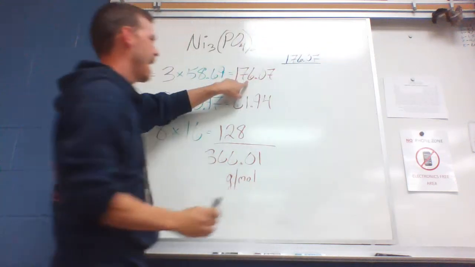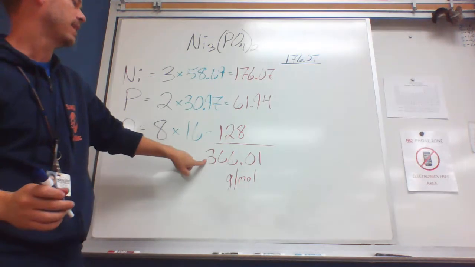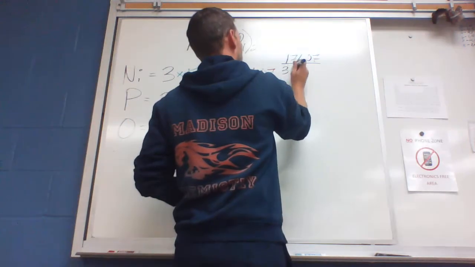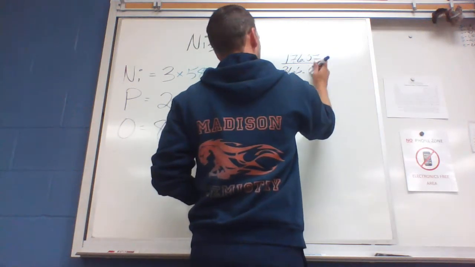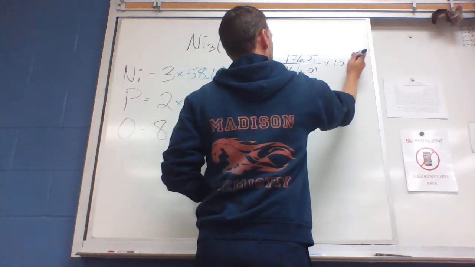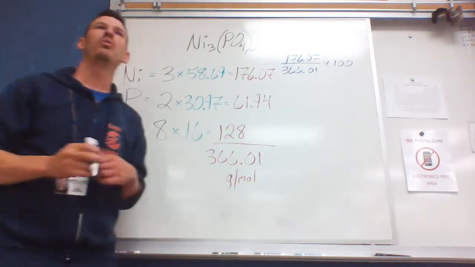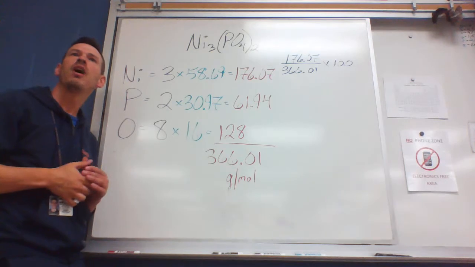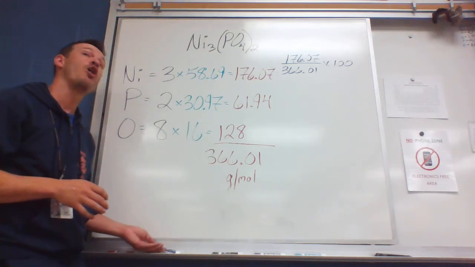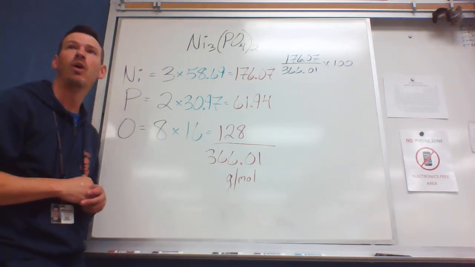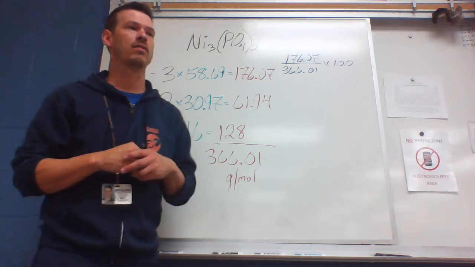If we divide that by the mass of the entire compound, 366.01, and multiply by 100, it'll give you its percentage. Please take a moment and find all three percentages, and we'll have one of y'all yell them out to me in a moment.